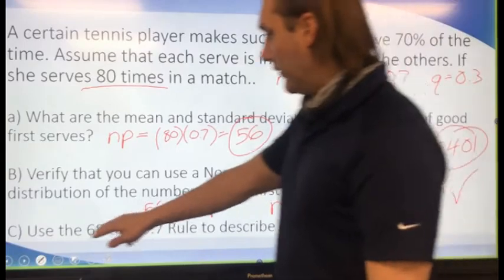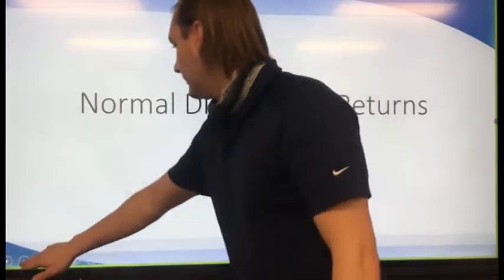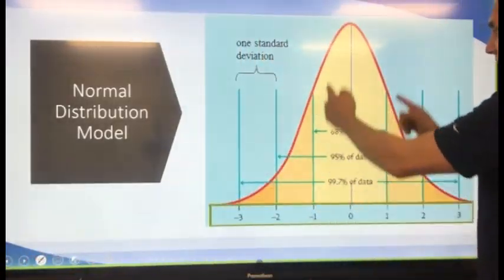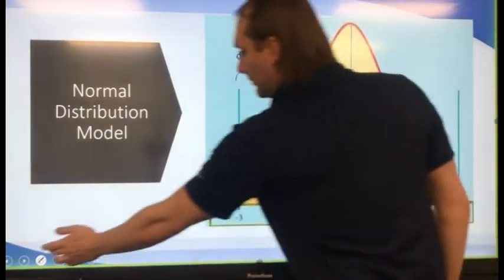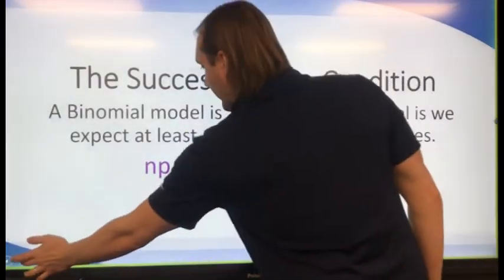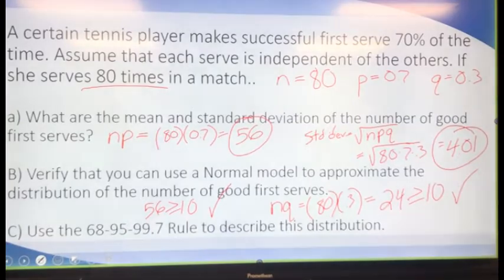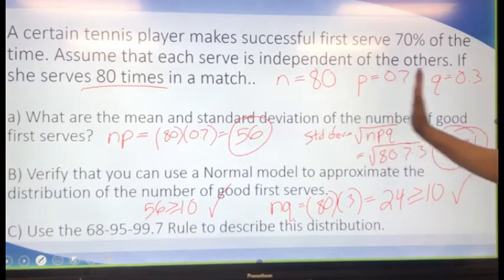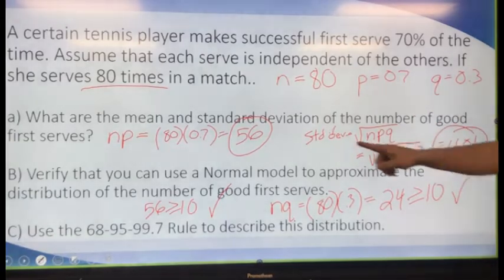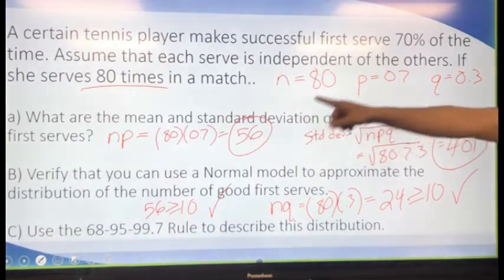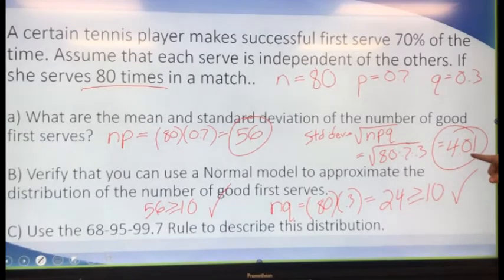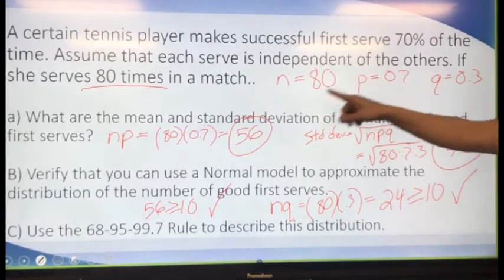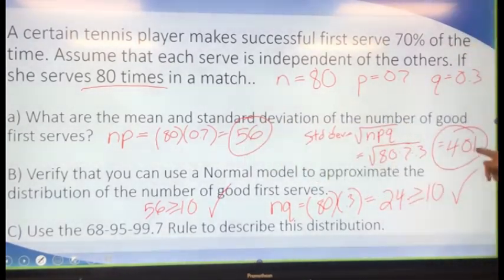And here's our normal model. Once again, one standard deviation is 68%, both left and right. So what would be one standard deviation for 56? Going to the right, you would take 56 and add 4, and going to the left, subtract 4.